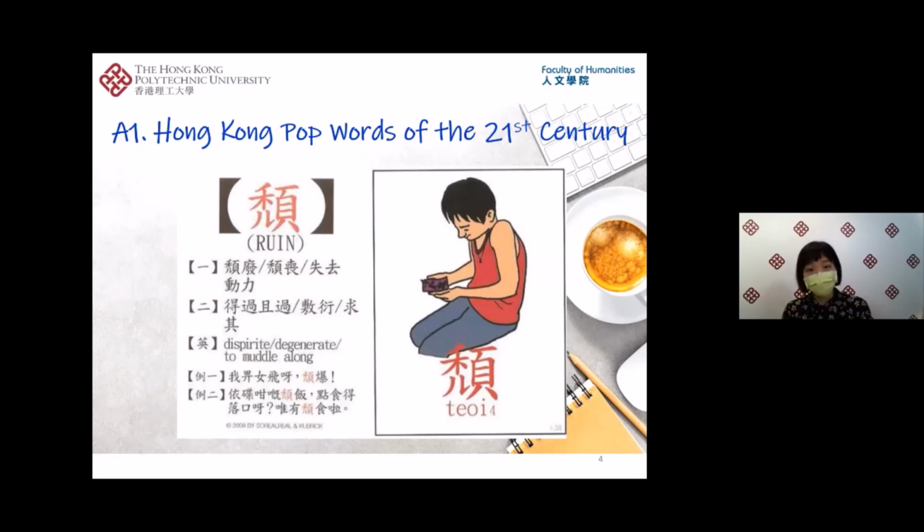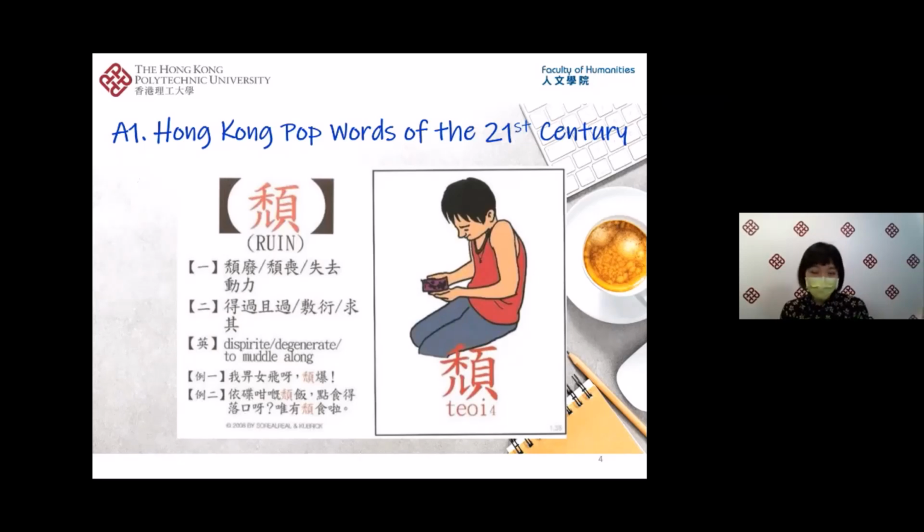And this word, for example, is pronounced as toe. All right. And then on the other side of the card, you can see this expression again, and then you can see some other information, including the Chinese and English meanings of this expression or term. And at the bottom, you can also see one to two sample sentences showing you how you can use this expression in your daily conversation.